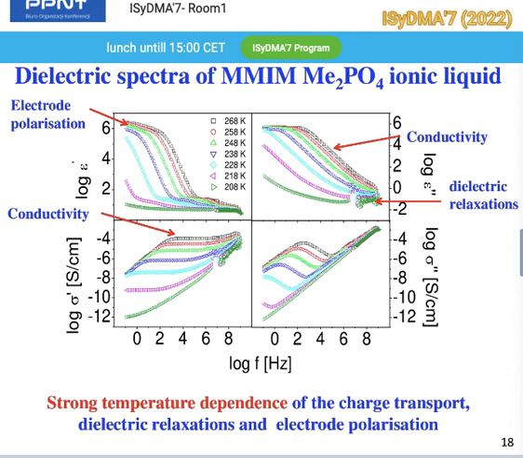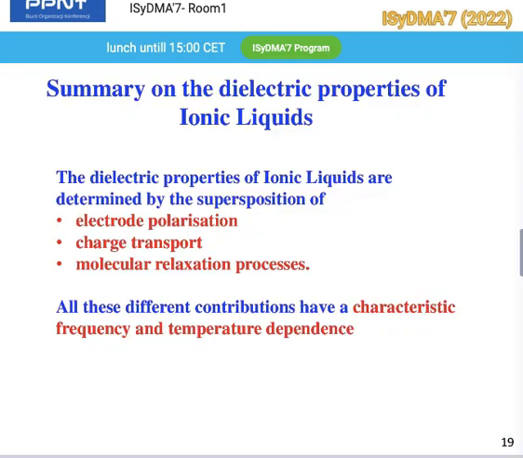Let me just summarize this. The dielectric properties of ionic liquids are given by the superposition of electrode polarization on the low frequency side and at elevated temperatures, and then by charge transport, but also by molecular relaxation processes. And all these different contributions have a characteristic frequency and temperature dependence.